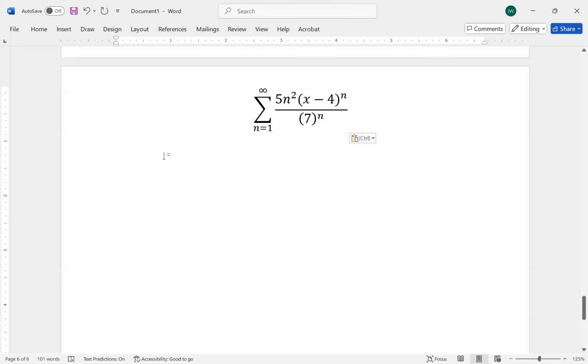All right, so exponential growth is the dominant growth here. Again, we have n to a power type growth. We have x minus 4 to the n and 7 to the nth power.